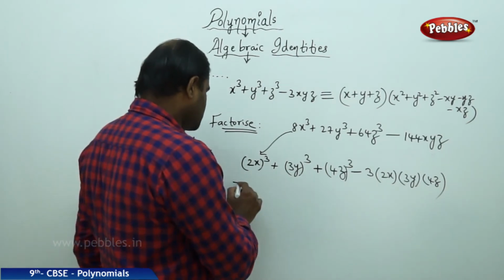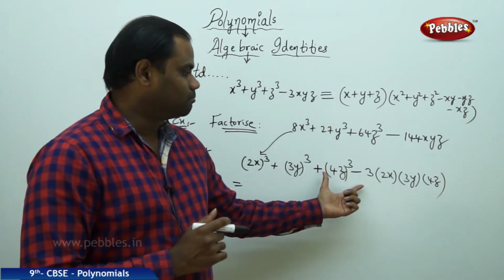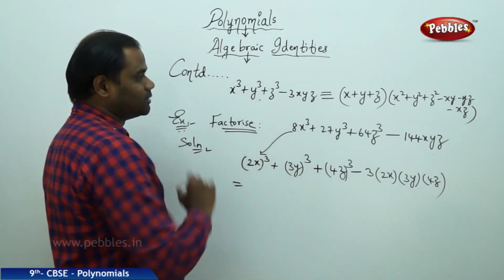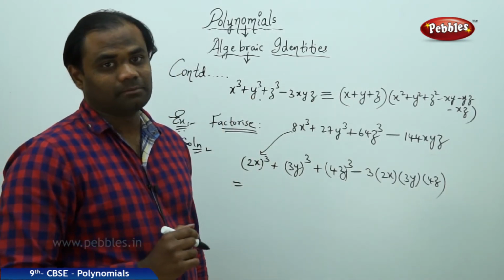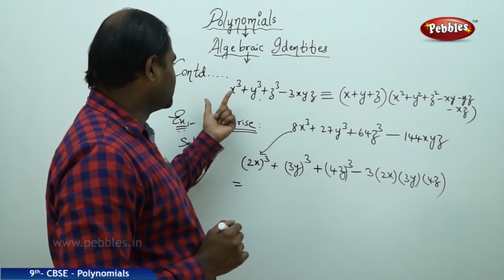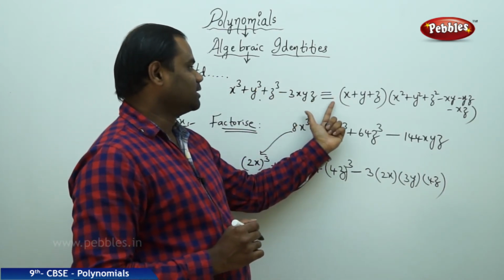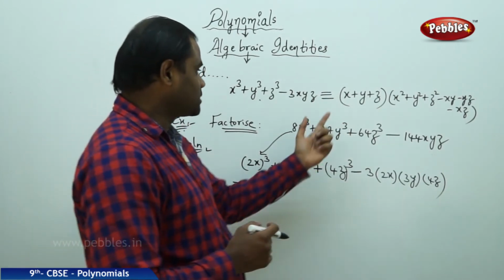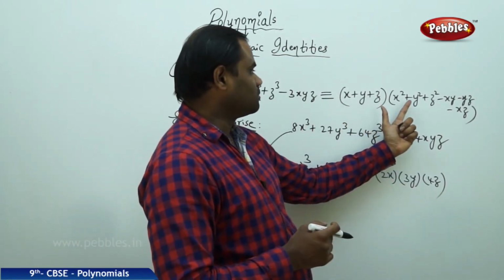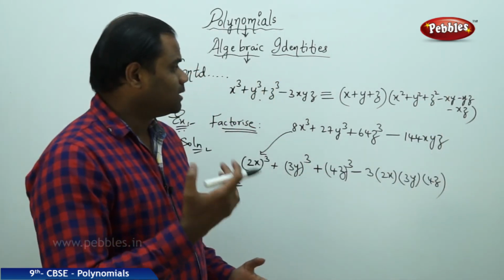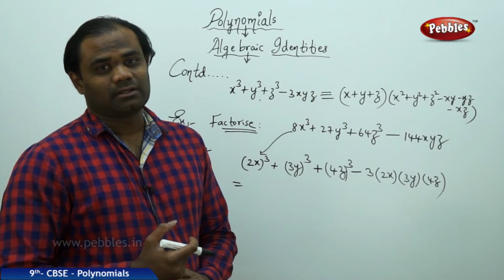And the reason why I expand and put it into this form is the algebraic identity. We know that the algebraic identity x cubed plus y cubed plus z cubed minus 3xyz is identically equal to x plus y plus z into x squared plus y squared plus z squared minus xy minus yz minus xz.